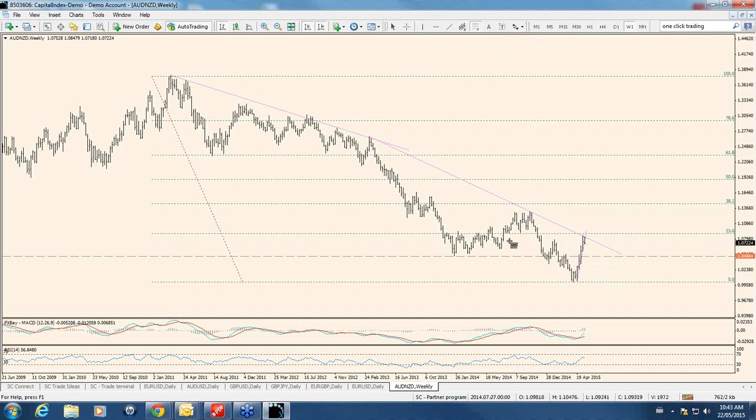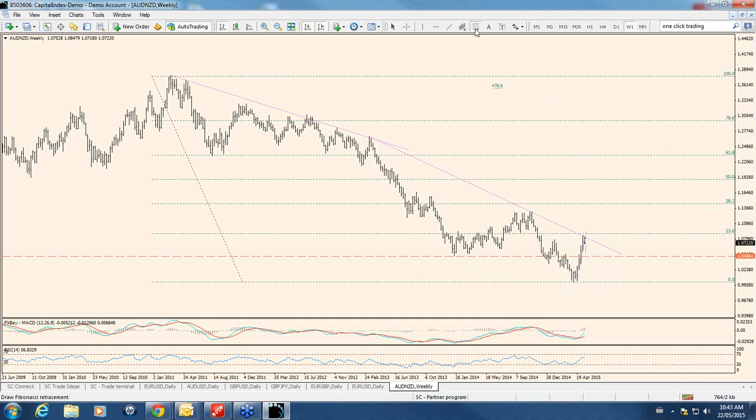So if you now draw a Fibonacci from the last, in this cycle, in this period, that would be your phase 1, this would be your phase 2 in this weekly: phase 1 down, phase 2 up.